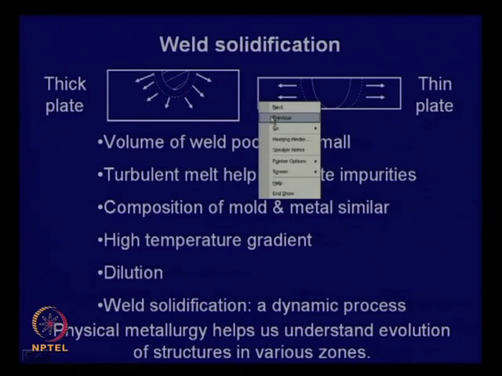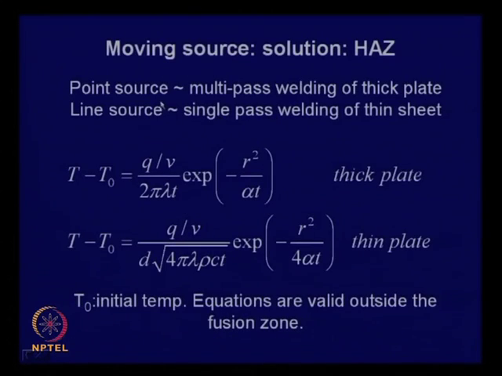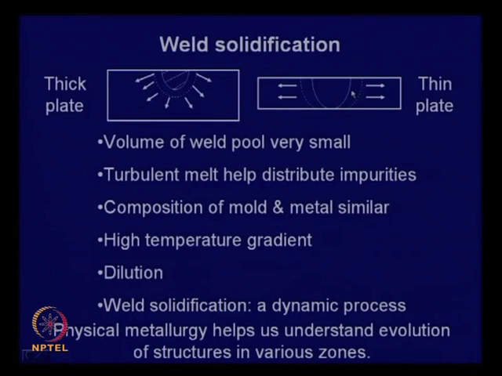If you go back to the previous slide, the point source was more or less moving heat in all possible directions beneath the arc. So, this represents a point source, whereas in the other case, if it is a thin plate, this is the molten pool, and the heat is flowing in two directions only.